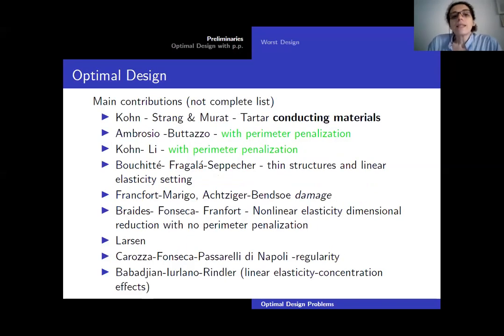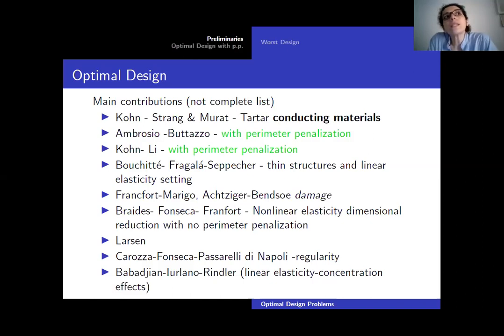Let's say that from the mathematical point of view, the main contribution in the sense of modeling, the first contribution, has been given by some famous papers by Kohn and Strang. Actually, there are 3 papers, and by Murat and Tartar in the context of electrical conduction.